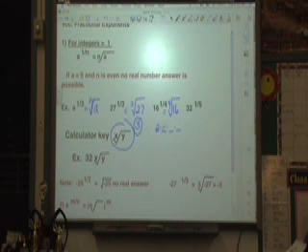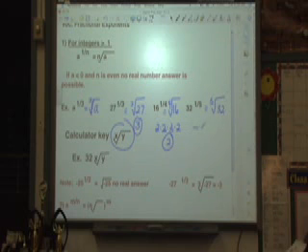And that would be 2. And the last one here, this is the 5th root of 32. So what number times itself 5 times makes 32? And again, it's a 2.